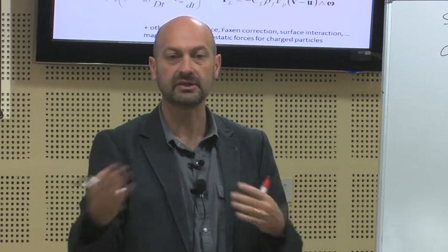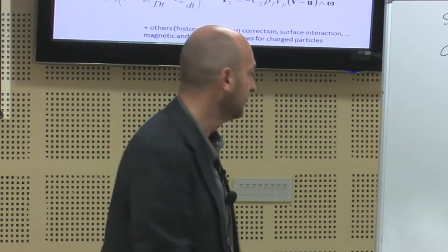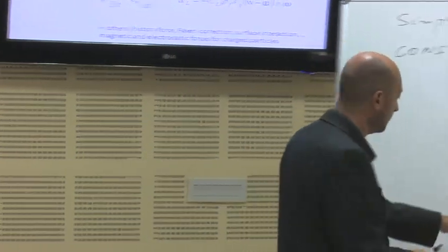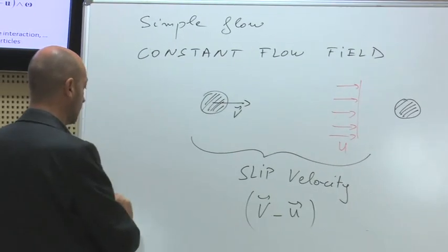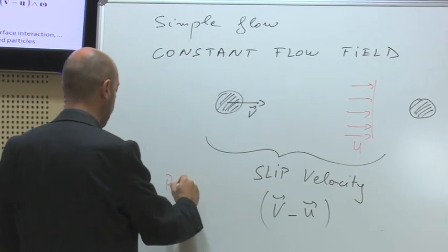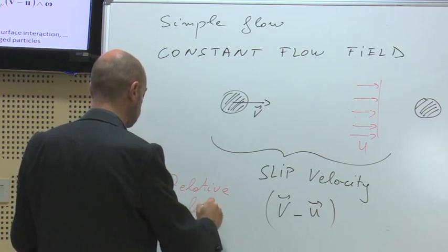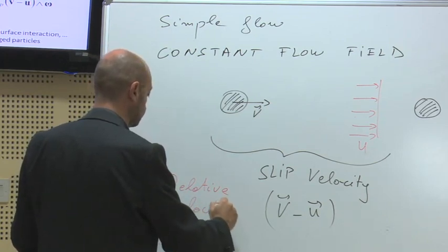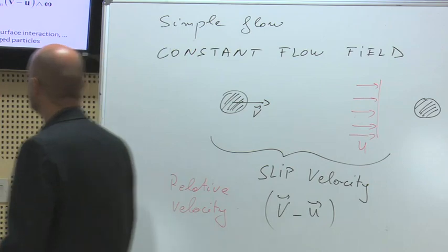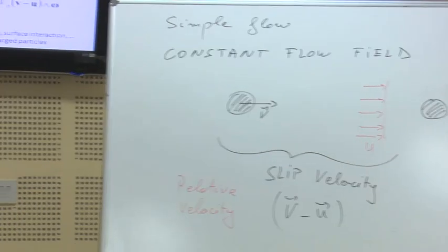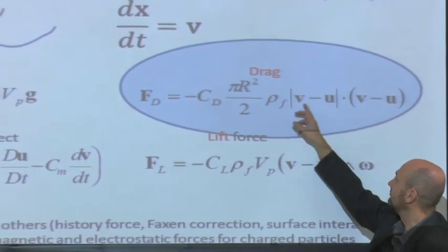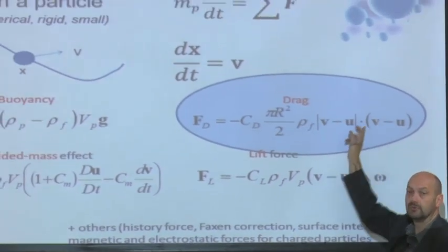And all the intermediate situations are the same. Okay, so the important thing is the slip velocity, which is the relative velocity. Okay, and you see that in the drag, you see this v minus u, v minus u.